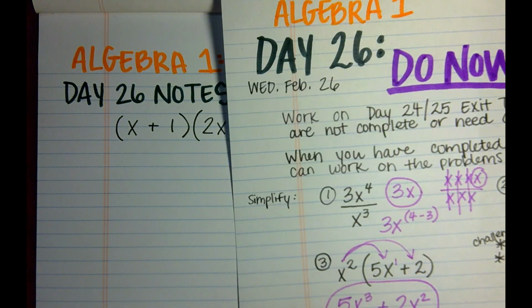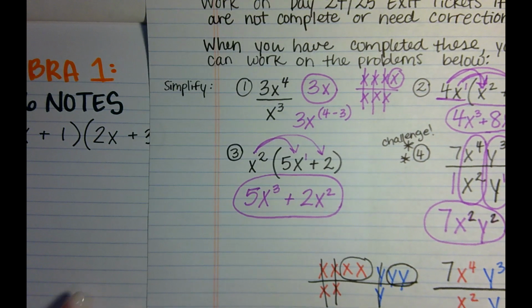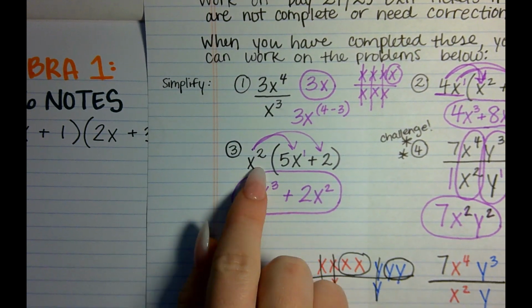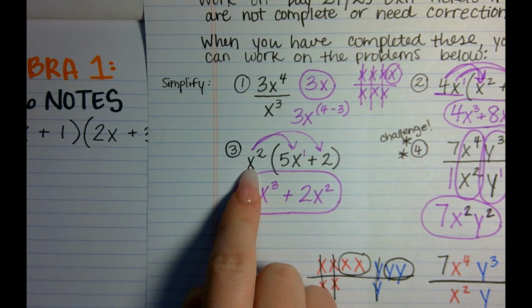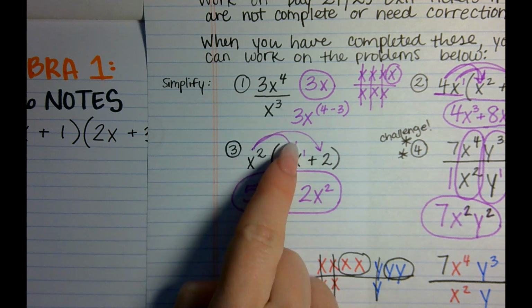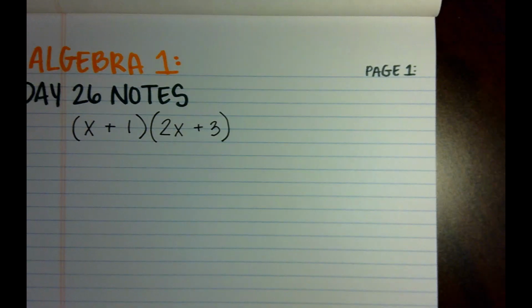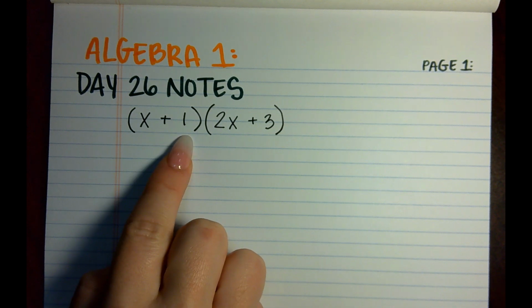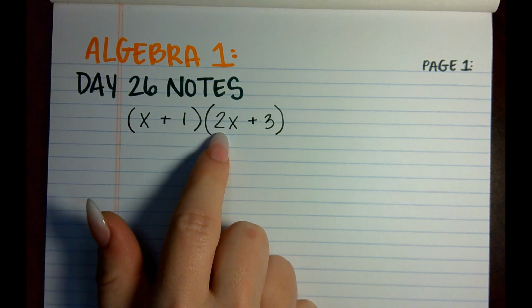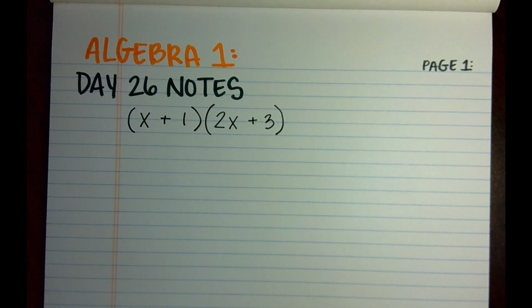What we are used to seeing is something more like this. We have just one term being multiplied to something that has two terms. Now I have two terms multiplied by two terms. There's a few more moving pieces here.